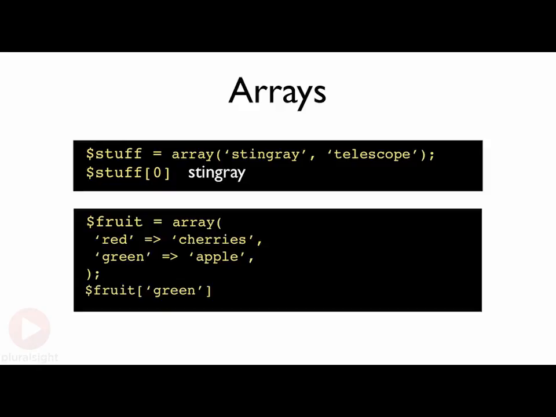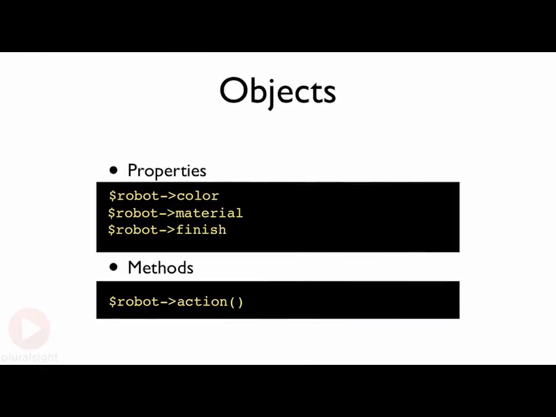In a hash table example, we use the same method, but using the key string rather than the integer index. So here for our fruit array, if we print $fruit and then green in square brackets, we will get the value apple.